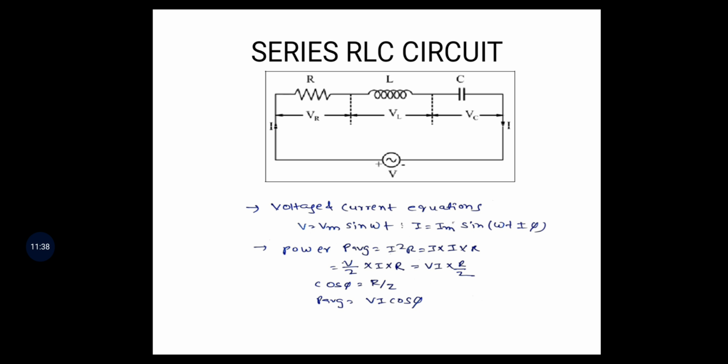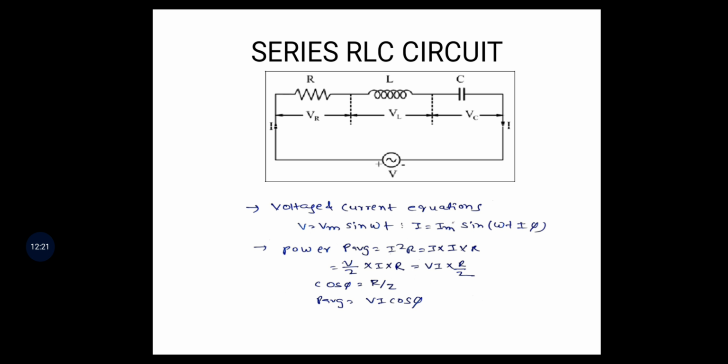Case 1: when XL minus XC is positive, that is XL greater than XC, the phase angle phi is positive and the circuit will be inductive. In this case, the circuit current I will lag behind the applied voltage V by phi, where phi equal to tan inverse (XL minus XC) by R. Case 2: when XL minus XC is negative, that is XC greater than XL, the phase angle phi is negative and the circuit is capacitive.